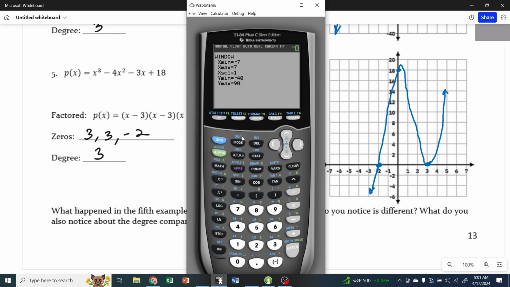And I've got to fix my window. The x values are fine. My y minimum is negative 6, and my y maximum on this one is 20. And our scale is by every 2, according to what our graph on paper is doing. So let's go ahead and graph it.